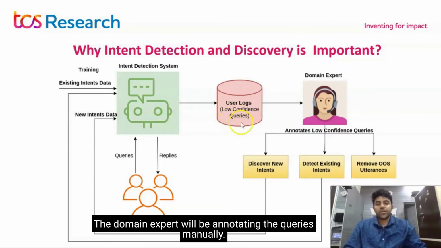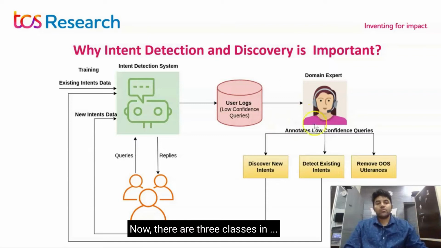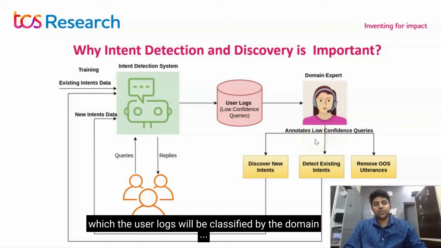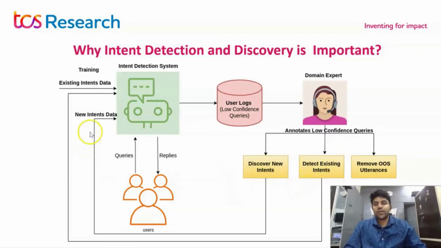The domain expert will be annotating these queries manually, which requires extensive human effort. There are three classes in which the user logs will be classified by the domain expert: existing intents, new intents, and out of scope queries.